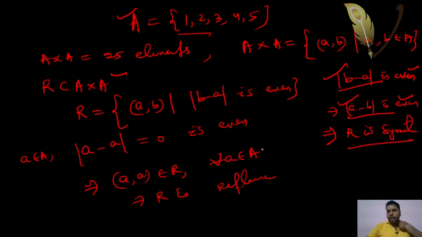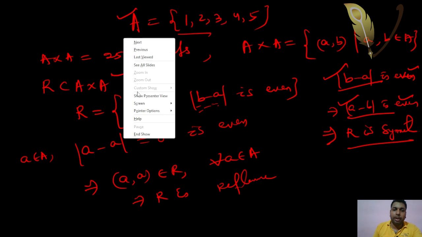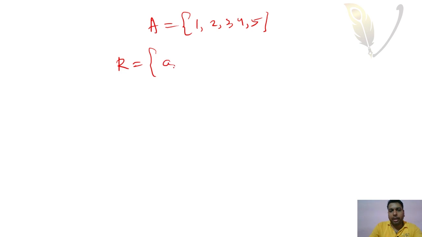Now what about transitive? If |b minus a| is even, so both b and a should be even, or both b and a should be odd. Now consider what are the possible elements in this set? A equal to {1, 2, 3, 4, 5}, R equal to ordered pairs (a,b) such that |b minus a| is even.